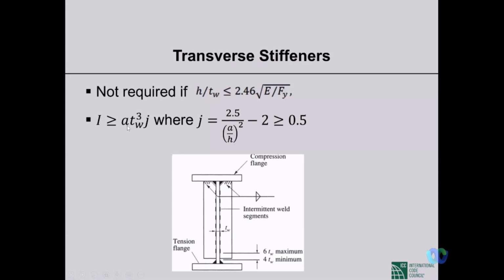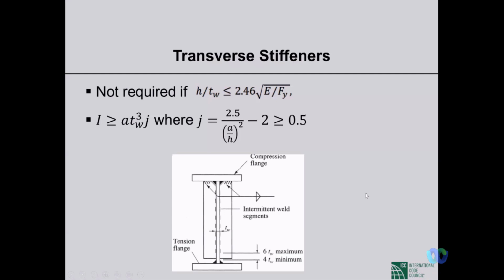A is the spacing between the stiffeners, TW is the web thickness, and J is defined like this: the spacing between the stiffeners divided by the height of the web. So moment of inertia of the stiffener must be larger than this value. So if we have a particular plate having a particular amount of inertia, we can calculate A. Or if we first decide A, then we can design the stiffener.